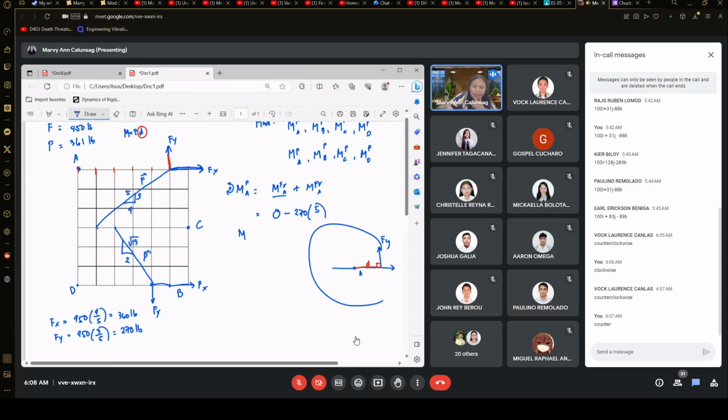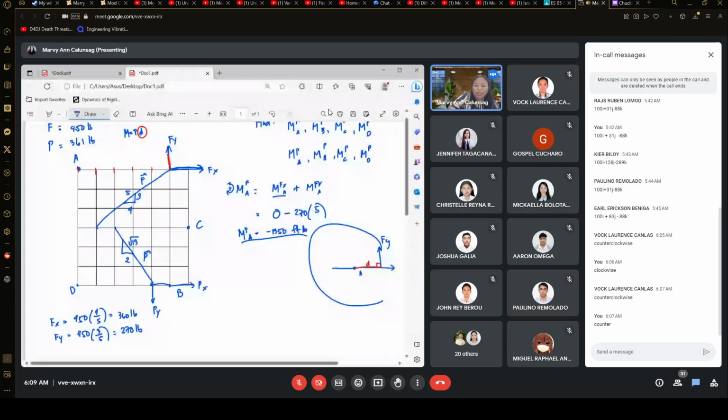What is now your answer? The moment of F about A is 0 plus negative 270 times 5, which is negative 1,350 foot-pounds. The unit is foot, so the unit now is foot-pound.